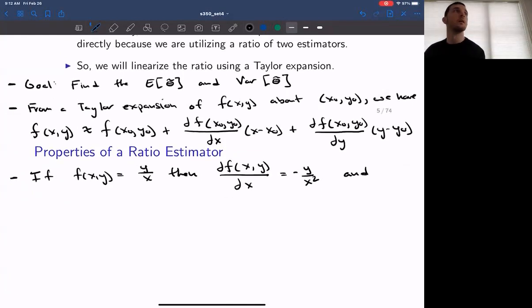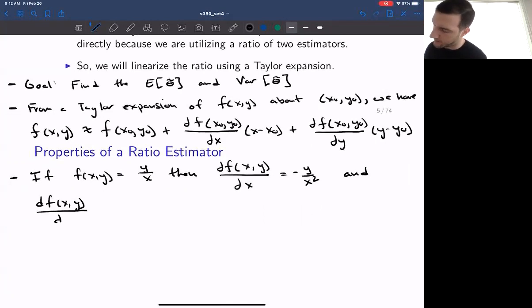And del f of x, y divided by del y is equal to 1 over x.